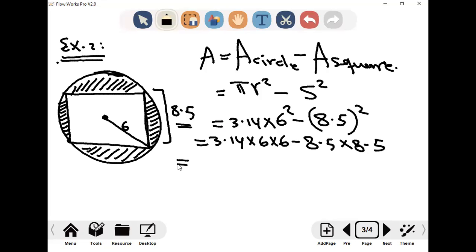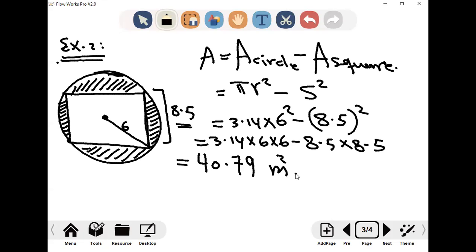Equal, multiply, subtract, the answer will be 40.79. 40.79, and the unit is what? Meter squared.